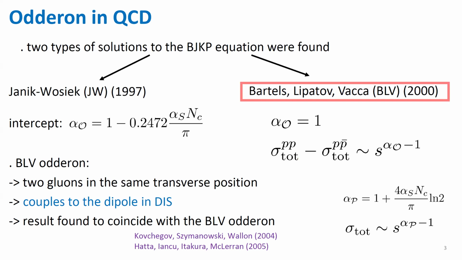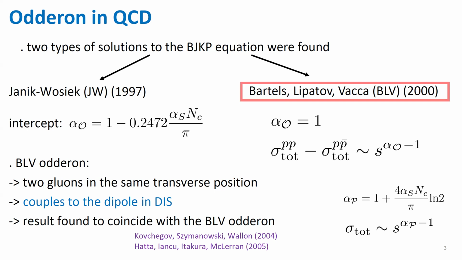These two types of solutions live in different parts of the Hilbert space, because the BLV Odderon is special. It has two gluons sitting at the same transverse position, whereas in the Janik-Wosiek solution, if you try to take this coincidence limit, the result is 0.